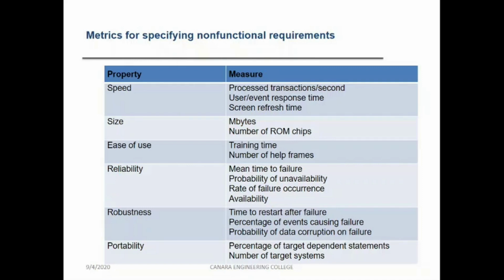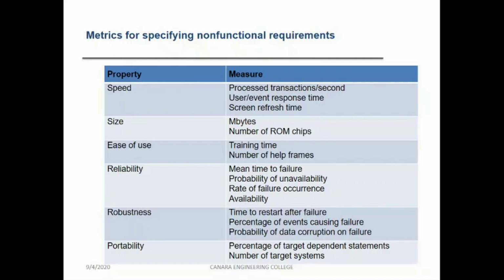Speed: processed transactions per second, user and event response time, screen refresh time. For example, if the product has been designed for 100 users, when you refresh, at what time does it refresh, what is the speed of the product? All these things will be measured in the non-functional requirements.